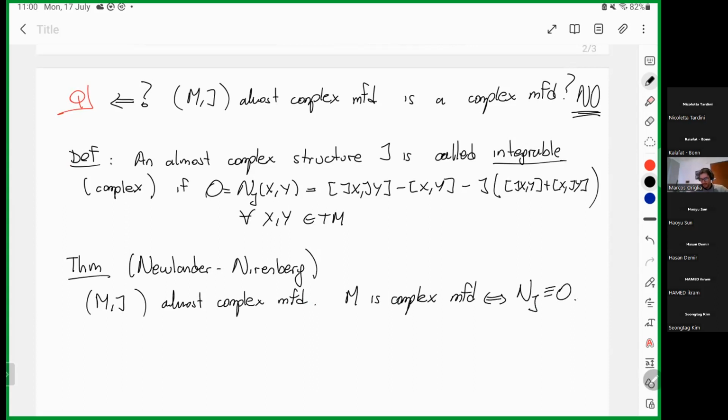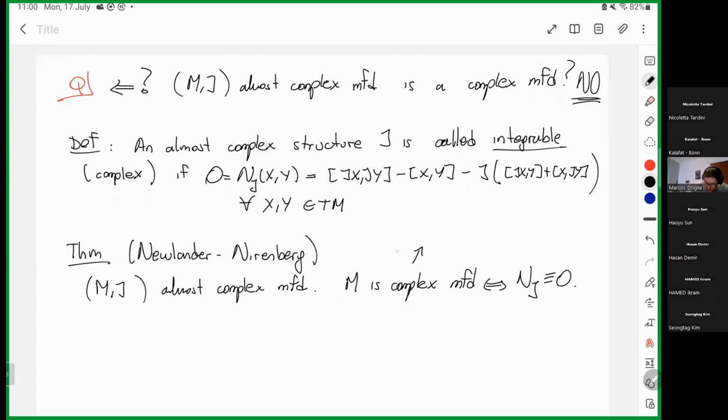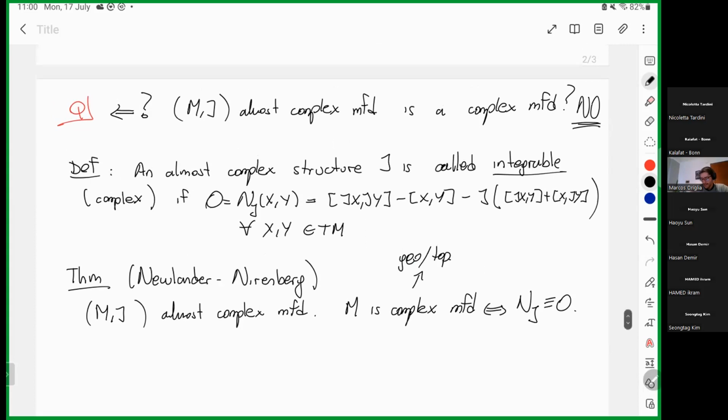It's a very strong theorem, and for me it's surprising because on one side, a complex manifold is related to the geometry or the topology of the manifold, because it's a holomorphic map with C^n, and on the other hand, we have this algebraic condition. It's just that tensor involving J, the vectors X and Y, and the bracket, and it has to be 0.